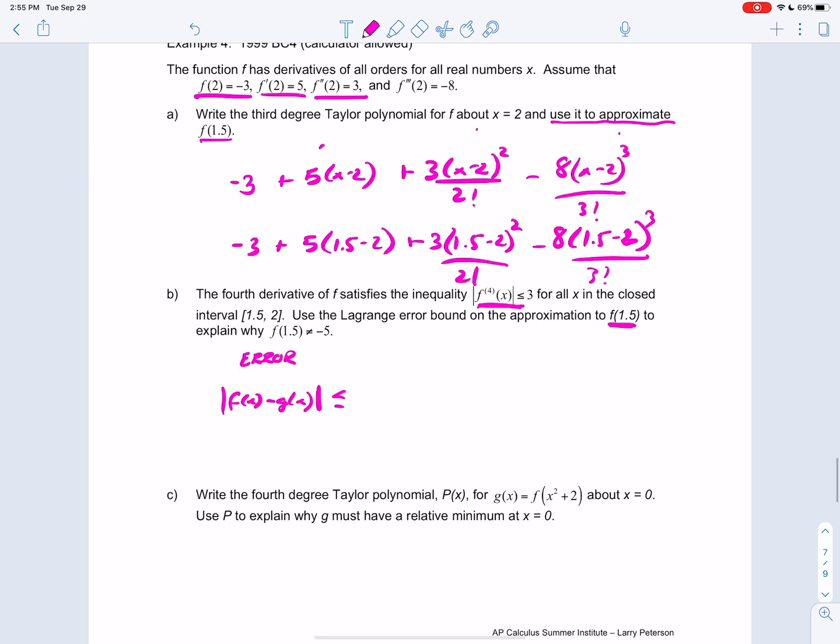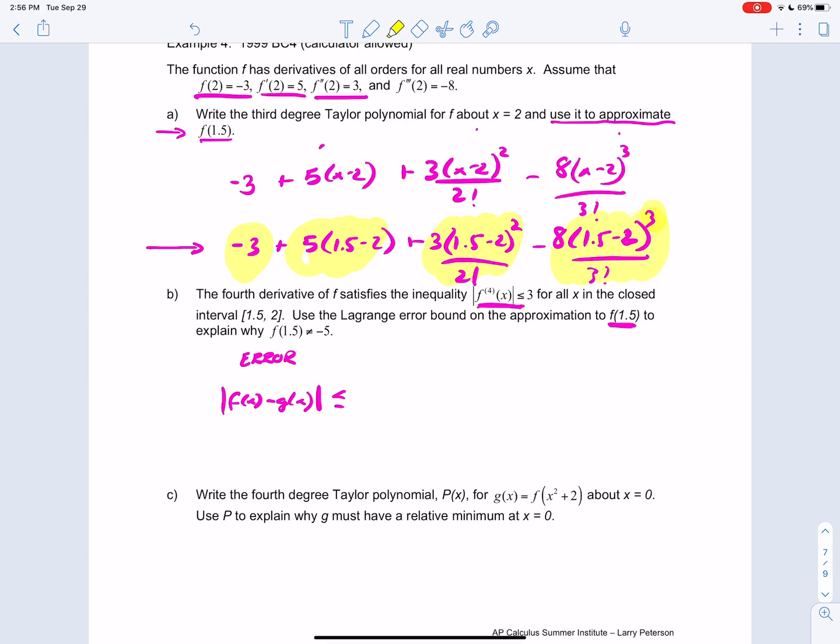f of 1.5. Remember how they asked us to find f of 1.5 at the beginning? So we used this here, and notice how we went all the way up to the third degree. But in this case, 1, 2, 3, 4 terms.